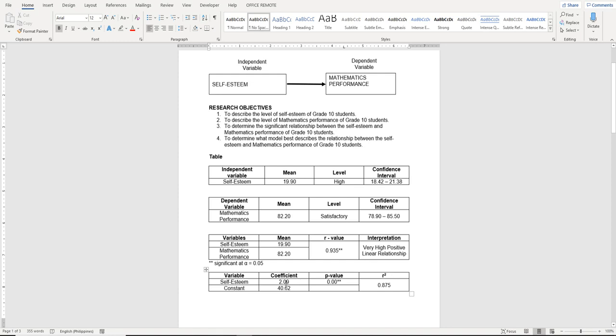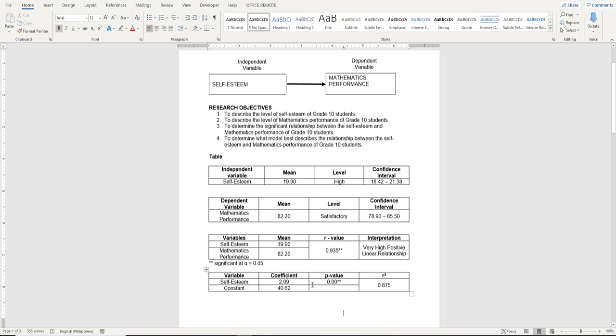This means that the mathematics performance will increase by 1 unit if the self-esteem increases by 2.09 units, provided that all other factors are held constant.